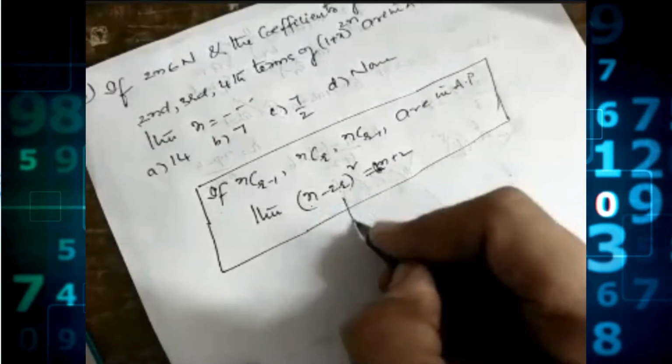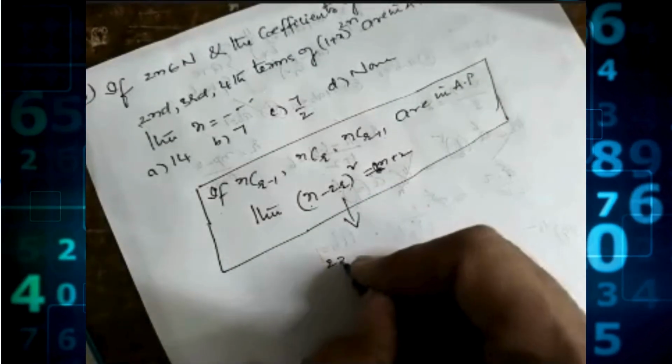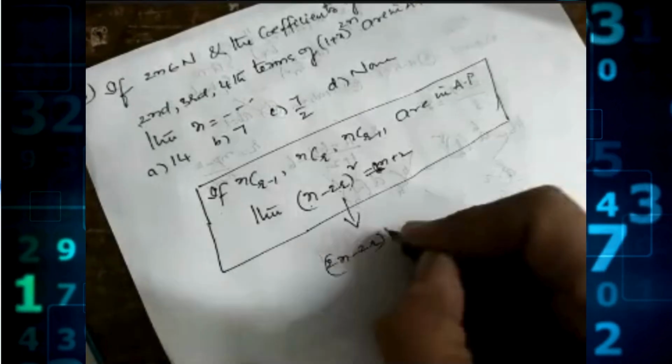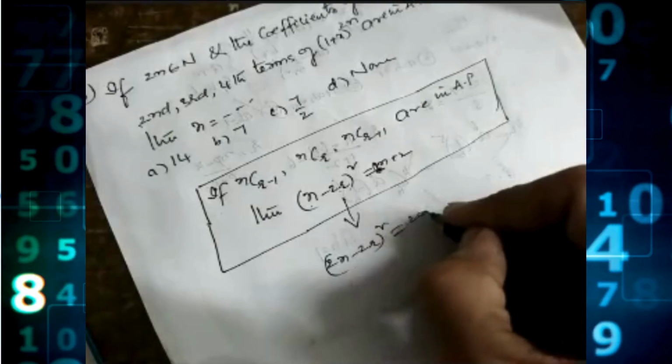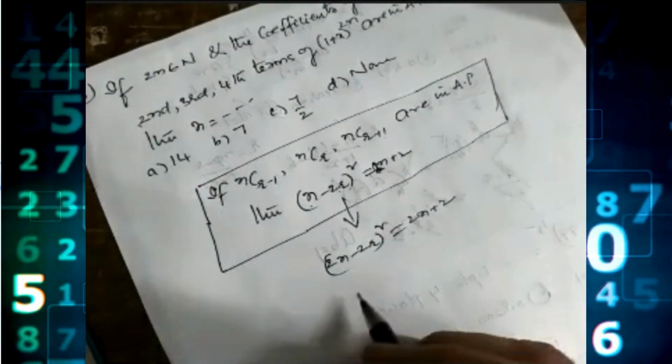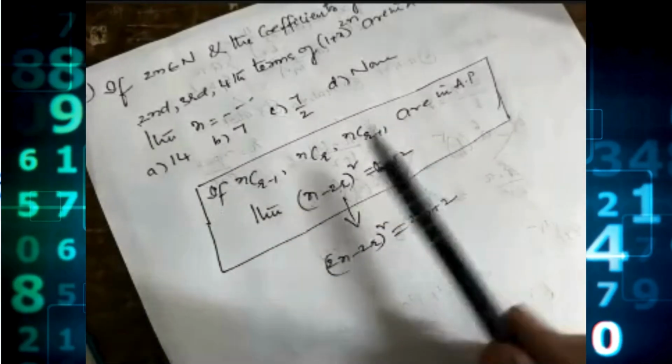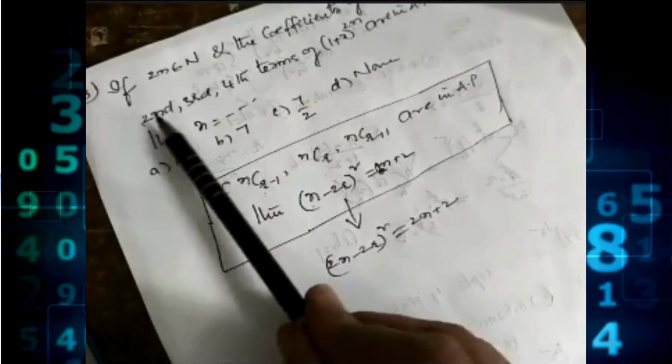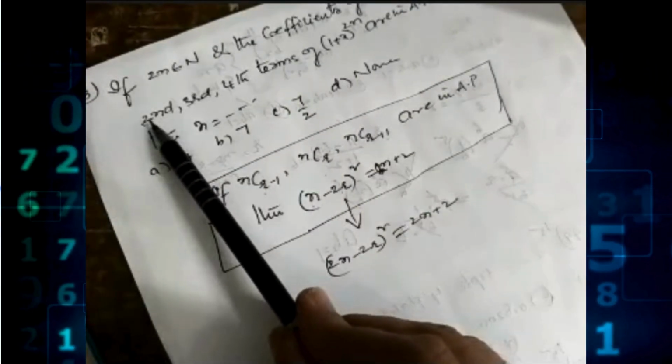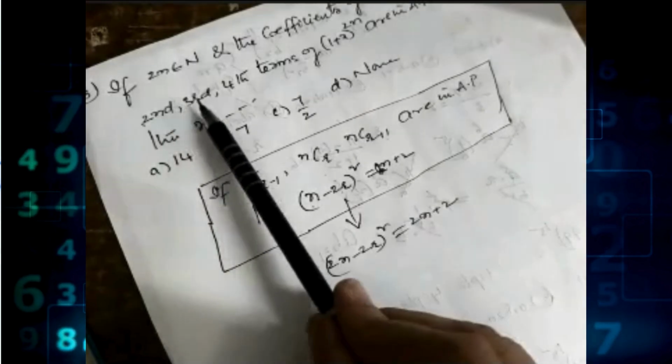Using this, you reconstruct (2n minus 2r) whole square is equal to 2n plus 2. In the place of r, what should you get? nC(r minus 1), nCr, nC(r plus 1). Second term means the coefficients are 2nC1, 2nC2, 2nC3. Middle is 2nC2. The r value is 2.